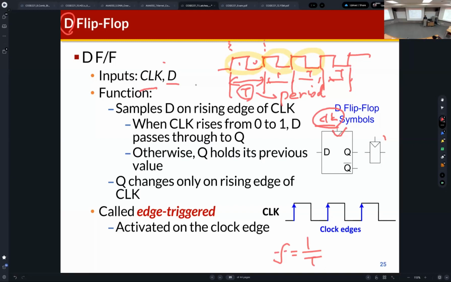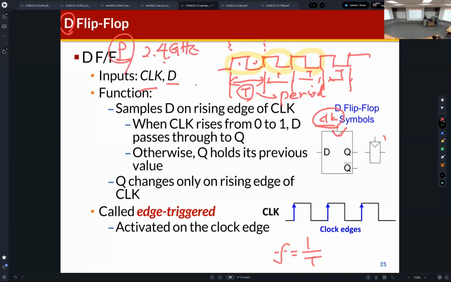For example, this smartphone includes a Qualcomm Snapdragon, and the clock frequency is 2.4 gigahertz.